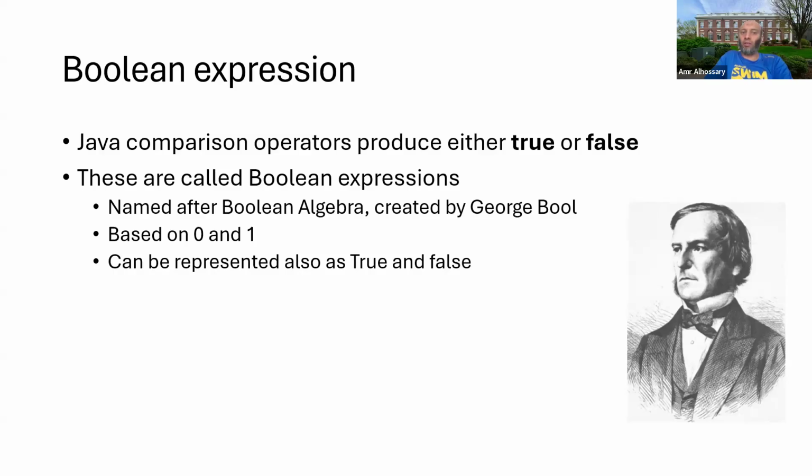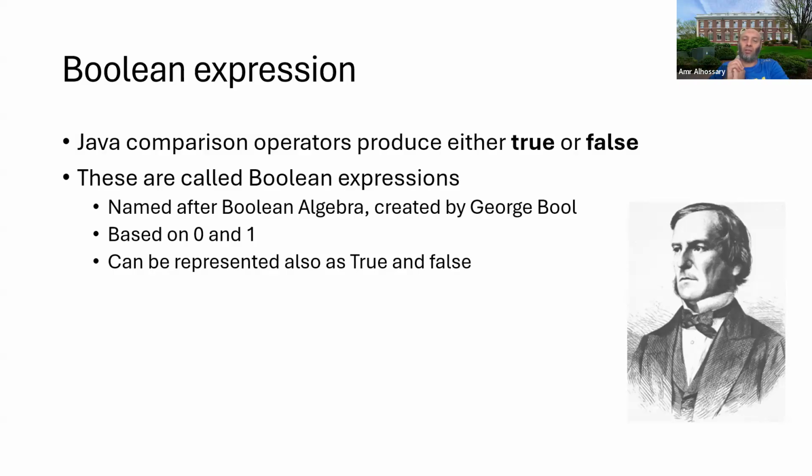This is named after Boolean algebra, which was created by George Boole, the scientist in, I think, the 18th or 19th century, I'm not sure, who made a parallel algebra to the algebra we know, known as Boolean algebra, that depends on evaluating facts or expressions as true and false, and made a whole set of logic algebra on it.